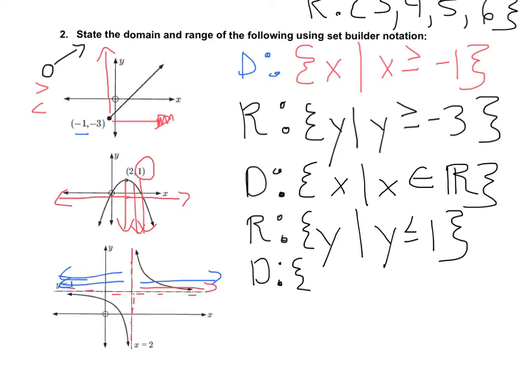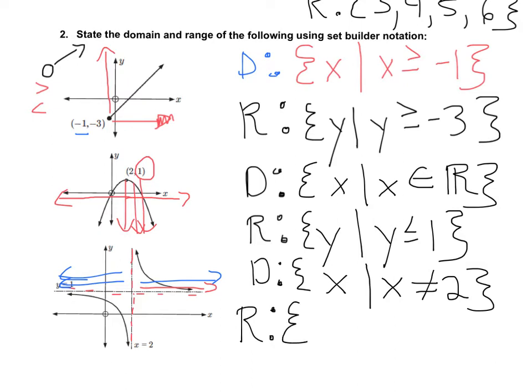What's going to block me from getting an x value is this line. That's the only x value I can't have. So I'm going to write it as x such that x cannot be 2. Again, I can have any x value except for that asymptote. I can't touch that.